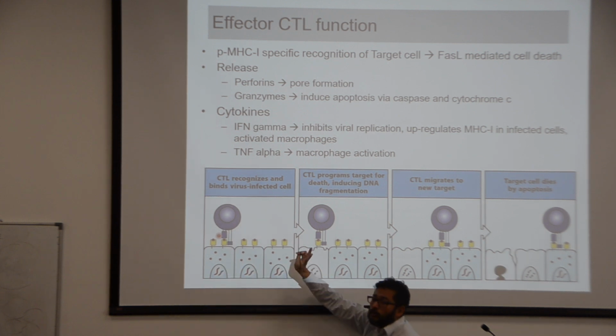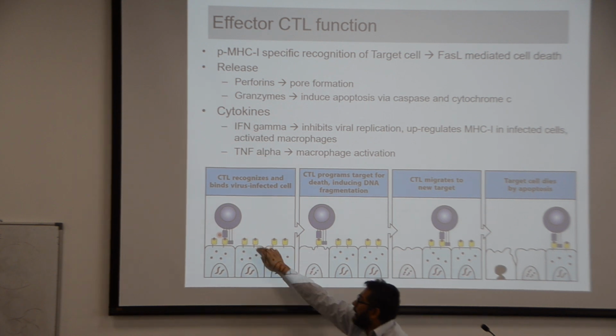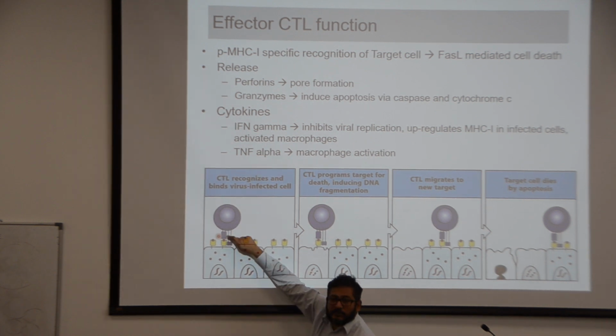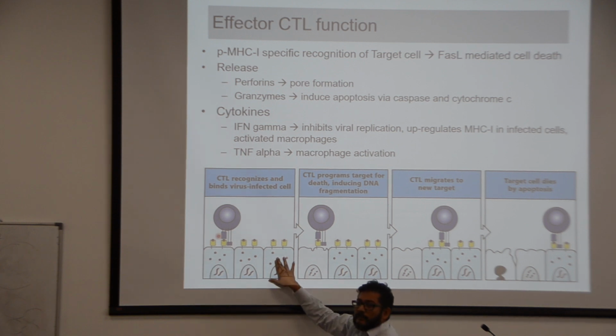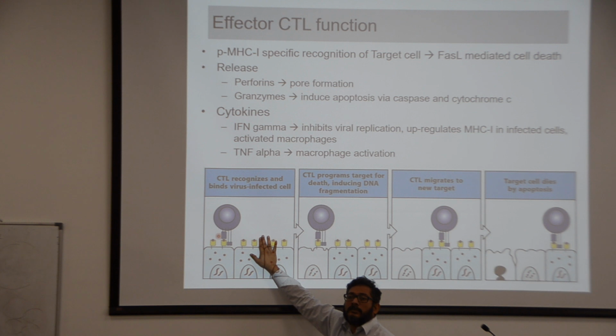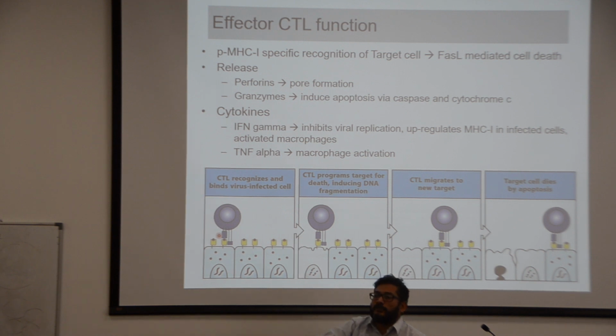Here, it does two things. It aligns depending on the direction. It puts on its surface a ligand called FAS. And all cell types have on the surface the FAS receptor. FAS receptor and ligand interaction induces apoptosis.